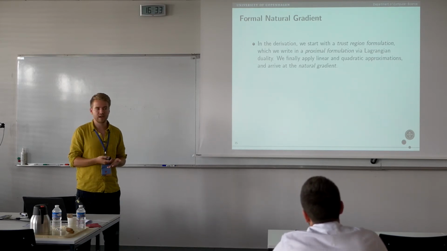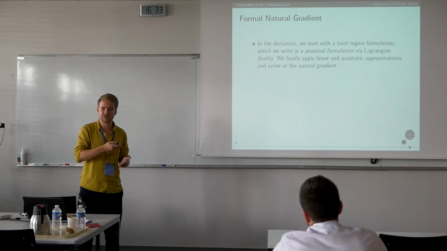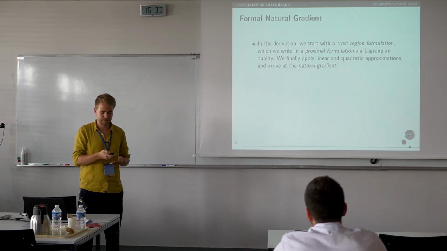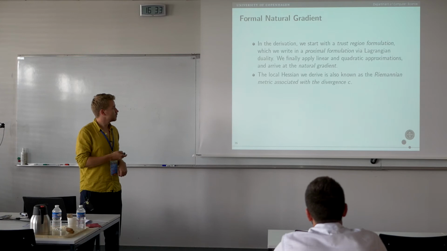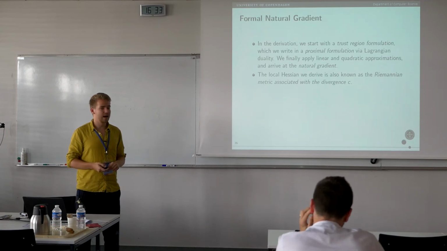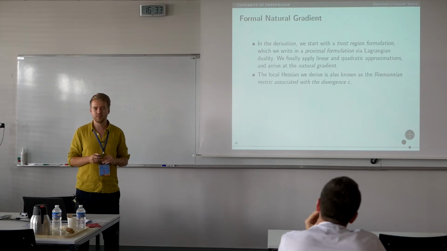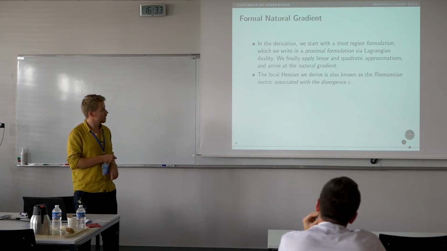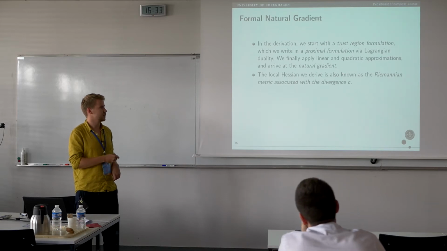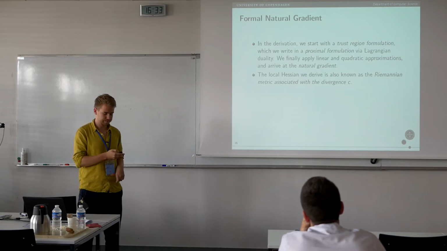In our paper, we have further discussed these different connections that have been in the literature. And in the community of information geometers, they call this local Hessian the Riemannian metric associated with the divergence C.